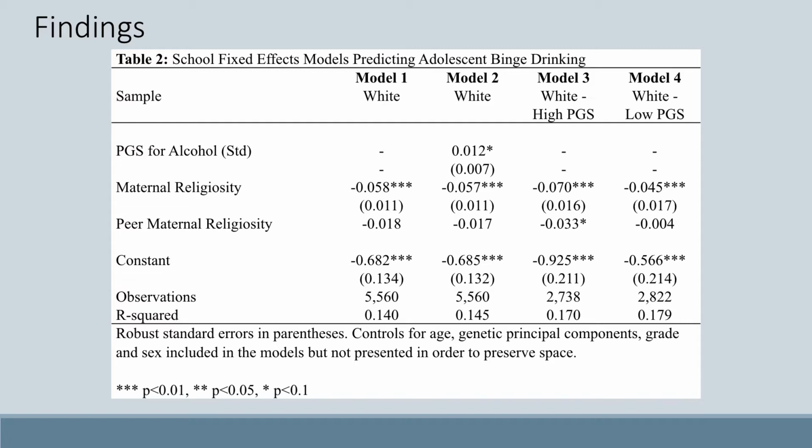And we also have a measure of peer maternal religiosity that has a smaller influence on drinking behaviors. In fact, it's not significant in the broader sample, but when that sample is stratified by high and low polygenic risk scores for drinking, it becomes significant for those who have the highest predisposition towards drinking.